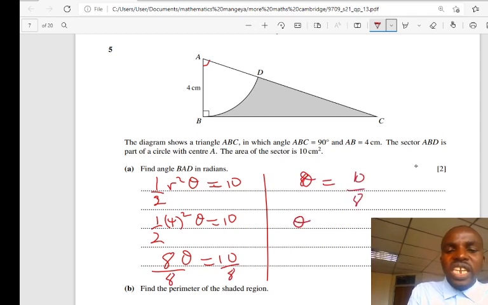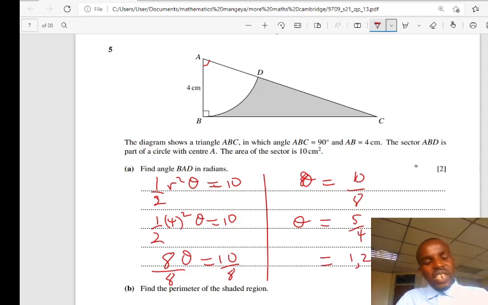Simplified by 2, it is 5 over 4. Then as a decimal it is 1.25. This one will be radians.